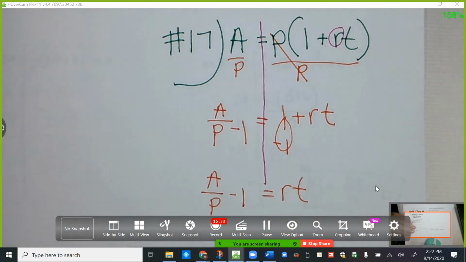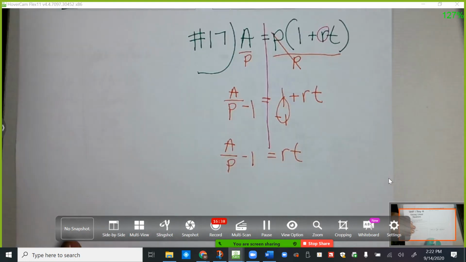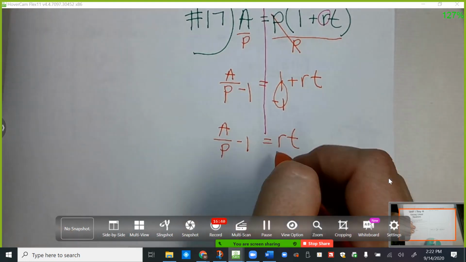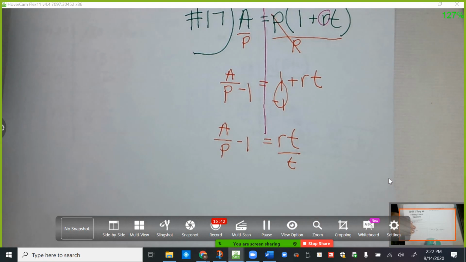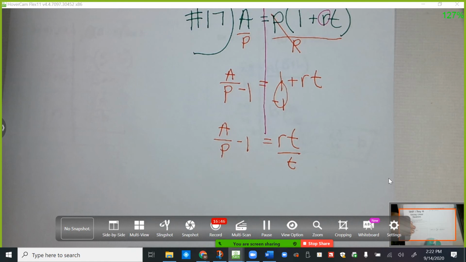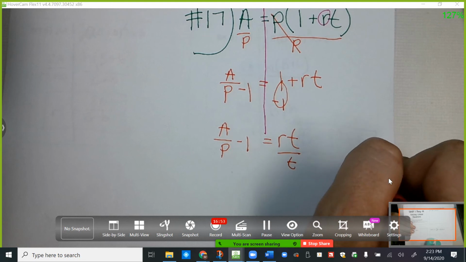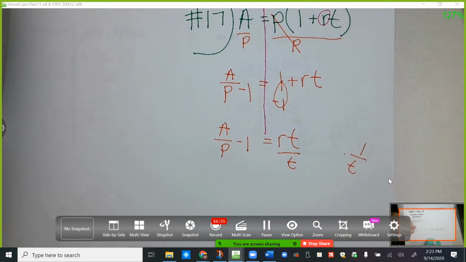Now what do I need to do to get that r by itself? Divide by t. Now this is why this one gets weird. If I put a divide t, doesn't that look weird because you have a fraction on top of a fraction? So I want you to realize, isn't this the same thing as multiplying by 1 over t?